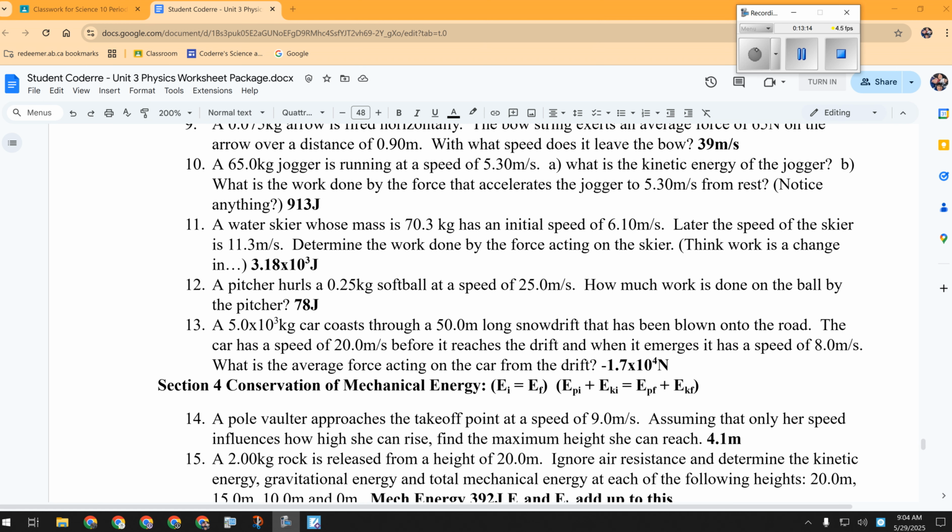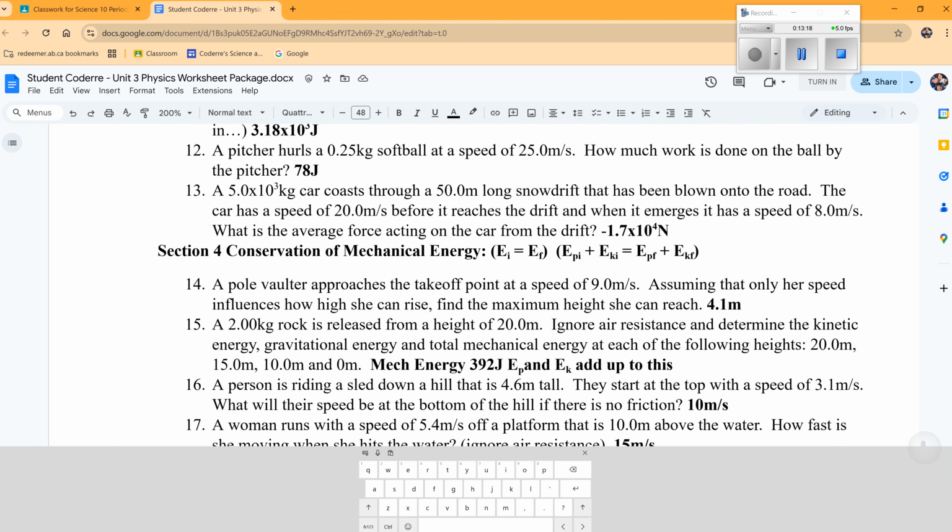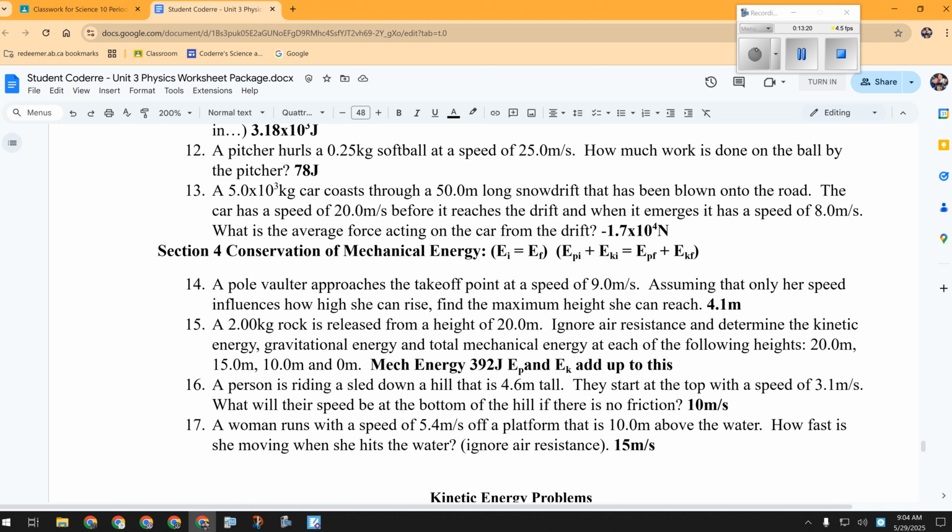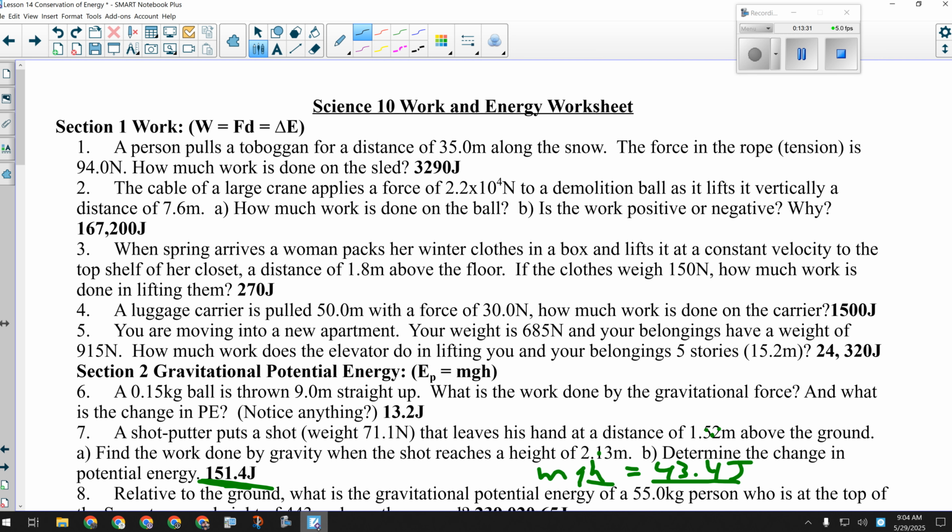On question 15, you kind of have to make a chart, and there's something I want to show you when you've got that chart done. It is asking about the different positions of the rock as it falls. So what you want to build for number 15 is going to look something like this.